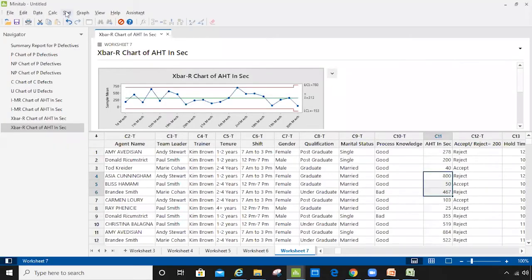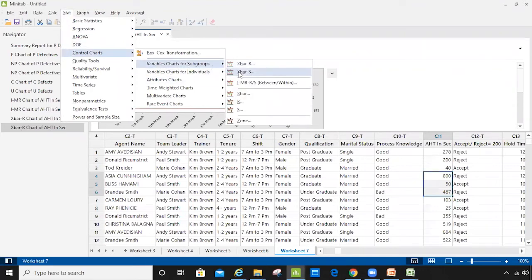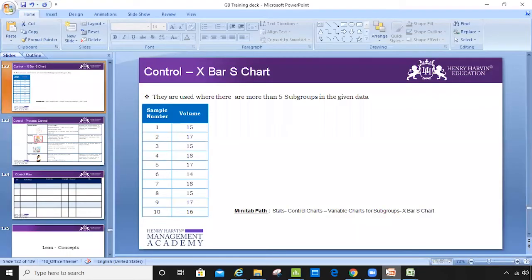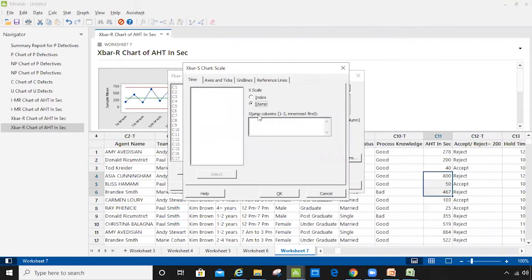I can just go to Stats, go to Control Charts, go to Variable Charts for Subgroup, and click on X bar S. I used AHT data here. In subgroup sizes, it says more than 5, so I mentioned 6 here. Under scale, I'll mention the period and time.